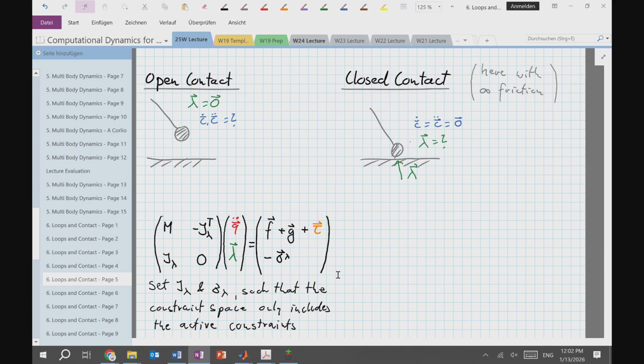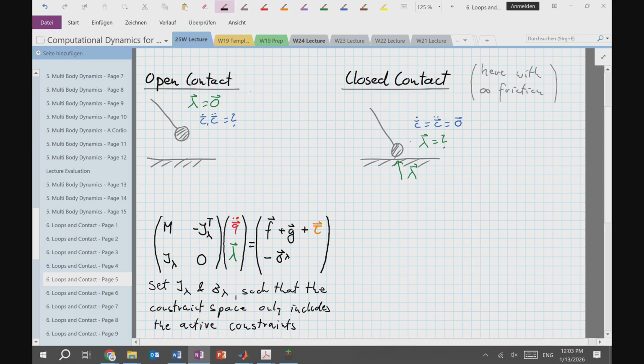So far, nothing new, right? I talked about a unilateral constraint, but the way I presented it so far is as there's two cases. Either you're not in contact, then you're unconstrained, or you're in contact, then you just set up your constraint Jacobian and use the standard process that we just looked at to resolve the loop joint. The interesting bit, of course, is now that we can transition between these two cases.